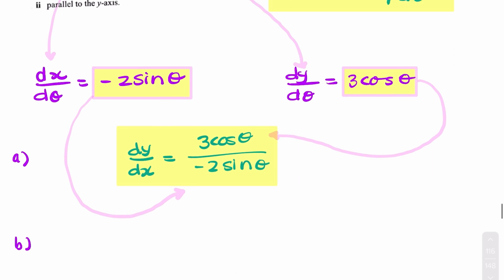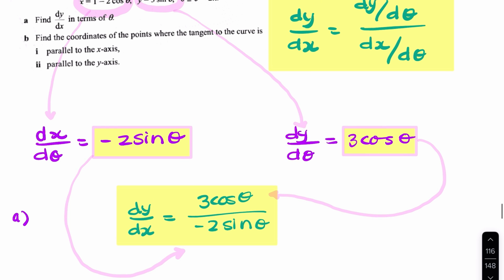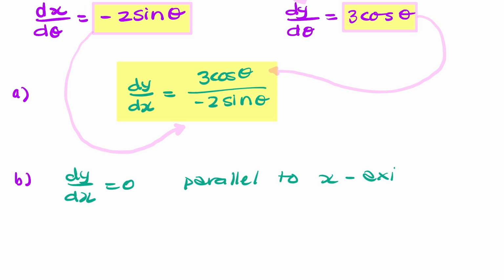Okay, so they want the coordinates of the points, so they want x and y for the points where dy by dx equals 0. That's similar to when they would ask for the stationary points. So I'm going to say dy by dx equals 0 if it's parallel to the x-axis.